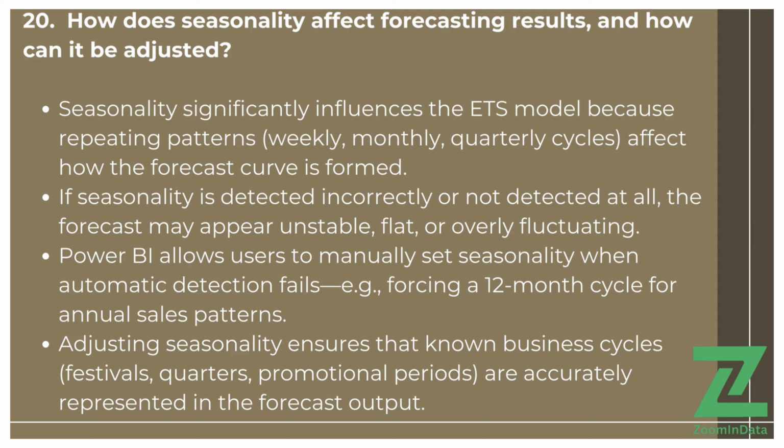If seasonality is detected incorrectly or not detected at all, the forecast may appear unstable, flat, or overly fluctuating. Power BI allows users to manually set seasonality when automatic detection fails, example forcing a 12-month cycle for annual sales patterns. Adjusting seasonality ensures that known business cycles, festivals, quarters, promotional periods, are accurately represented in the forecast output.